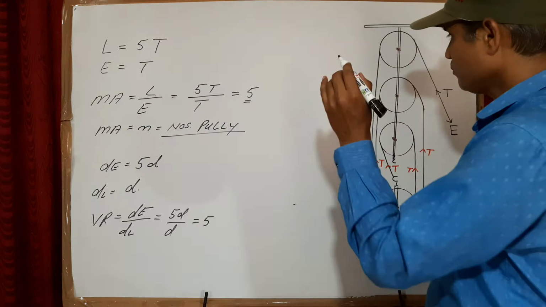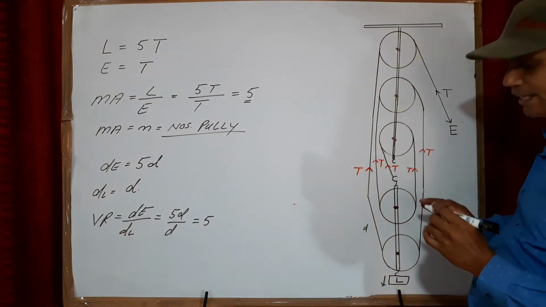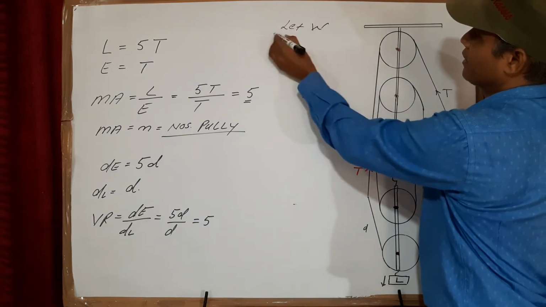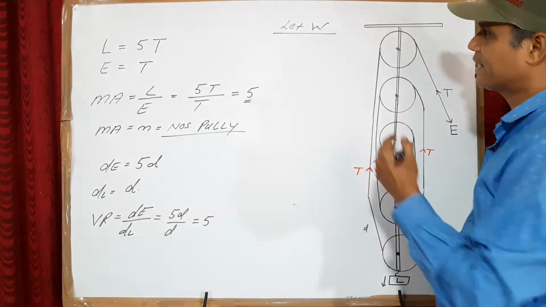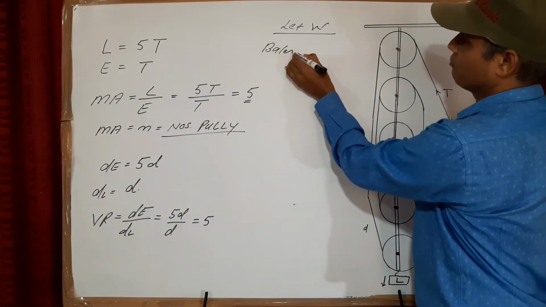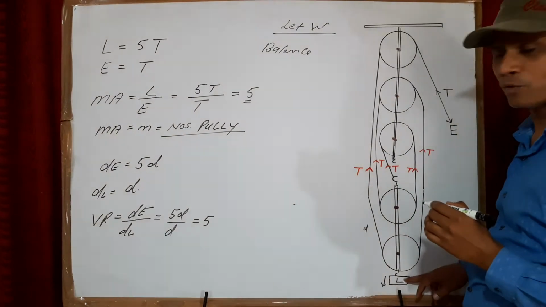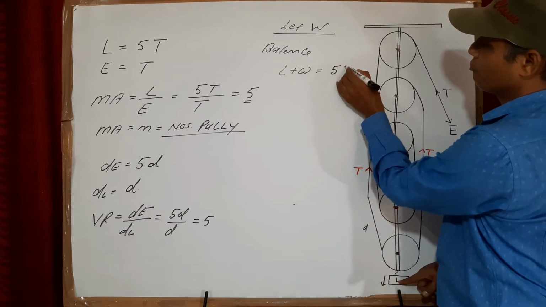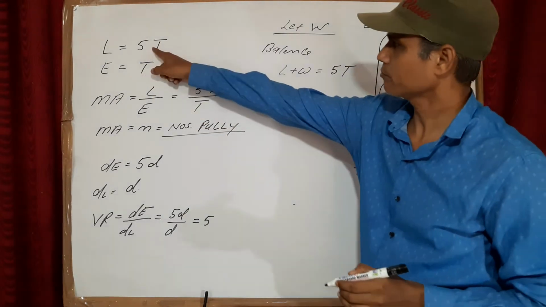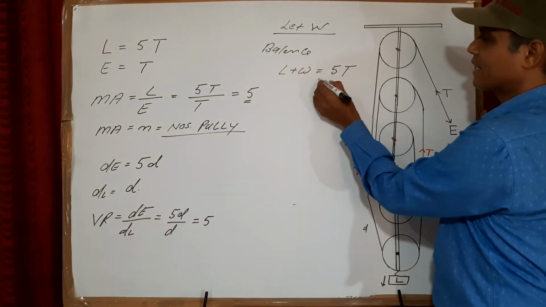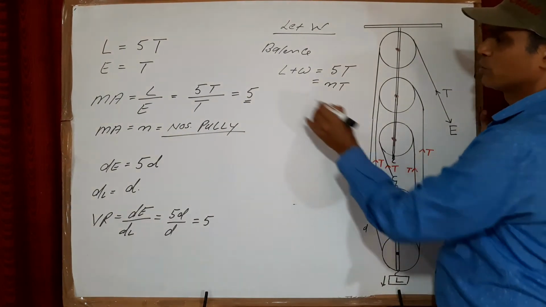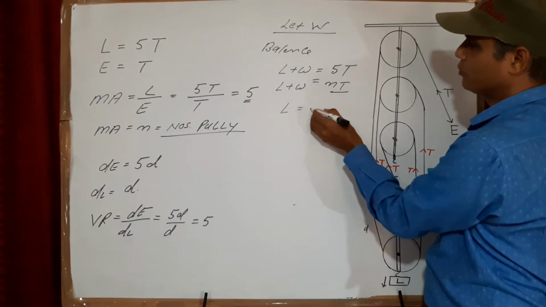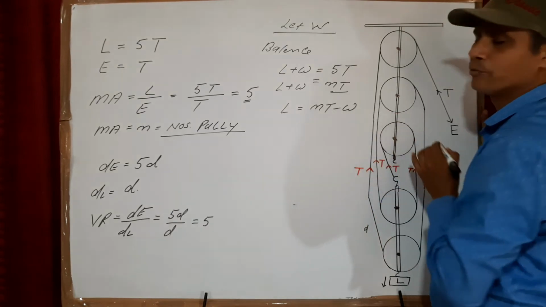So suppose the weight of these pulleys is W. In that case, in the balanced position, your total load will be load plus the weight of the pulleys, and it is equal to 5T from here. If there are n pulleys, then I will write nT. So load plus weight is equal to nT, or you can write load is equal to nT minus W.